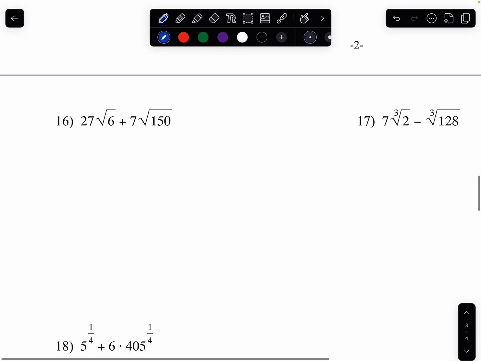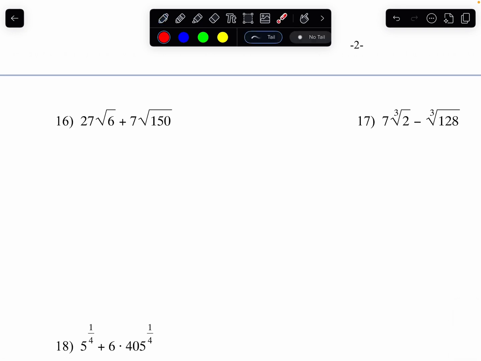Okay. Same thing here, except you notice here that these actually cannot combine when I want to add them, because this is the square root of 150, this is the square root of 6. So my guess is that I'm trying to simplify this one to have a root 6. So let me check and see if 150 is divisible by 6, and it is. So 27 root 6 plus 7, and then this becomes the square root of 25 times by 6.